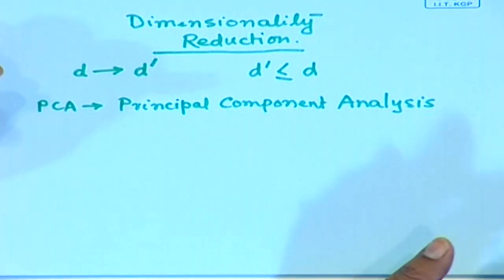The principal component analysis or PCA approach is that you try to project your higher dimensional feature vectors onto a space of lower dimension in such a way that in the lower dimension, whatever projected feature vector I get, that best represents the original feature vector that I have projected.